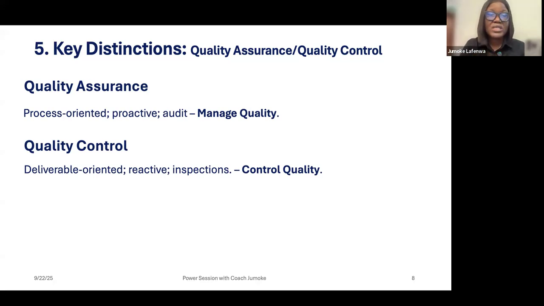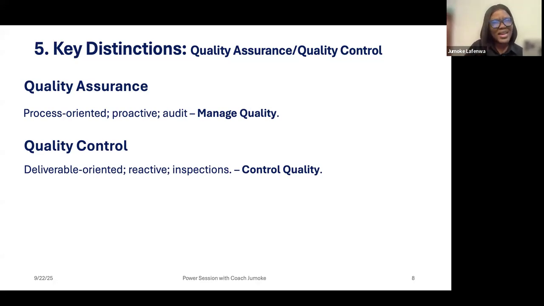So it involves inspection. Inspection, maybe smelling, touching, tasting, however you define how the inspection, the quality control will be done. And it is reactive.